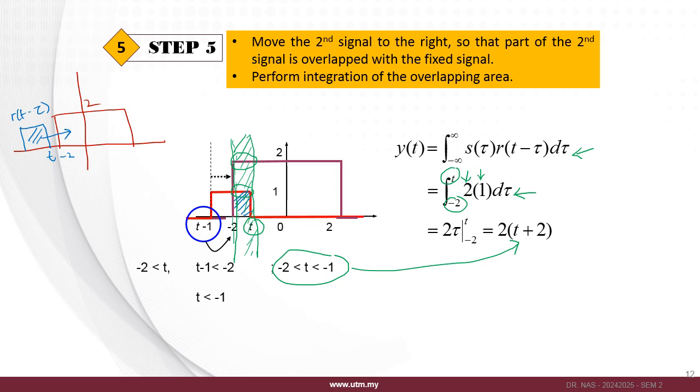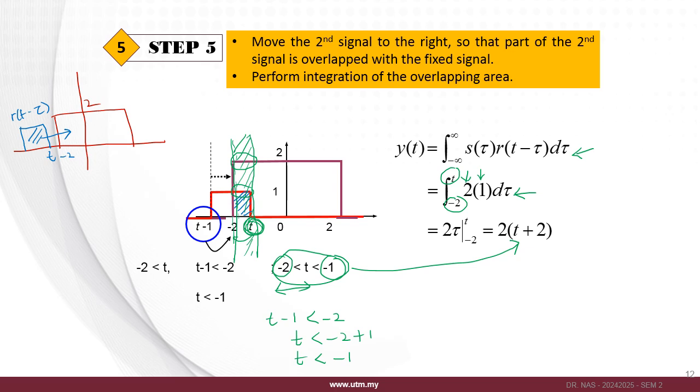When you look at t, in this case t is larger than minus 2, but t minus 1 is less than minus 2. So t is less than negative 2 plus 1, t less than negative 1. That's why you get t larger than negative 2 but less than minus 1.